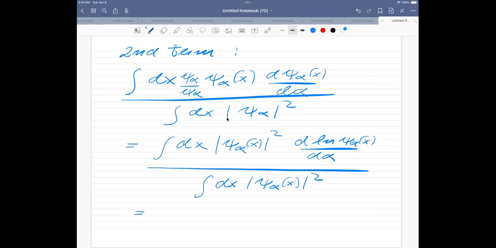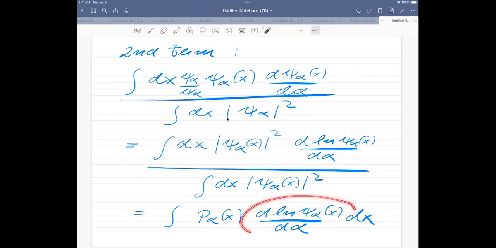And this is nothing but a probability, the same probability which we described earlier, multiplied with d ln of psi of alpha of x, the derivative with respect to alpha. So this is the expectation value of this quantity here.